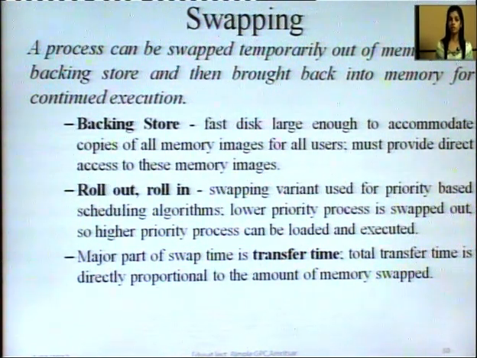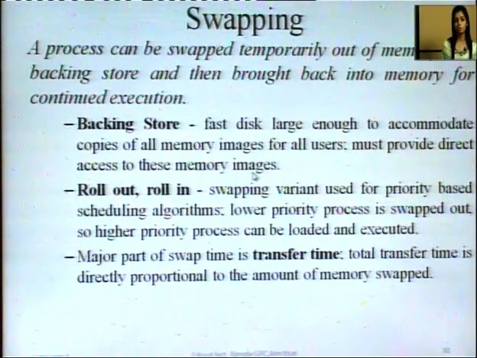That means it comes in and goes out due to the interruption. Backing store means a fast disk large enough to accommodate copies of all memory images for all users, and it must provide direct access to these memory images.